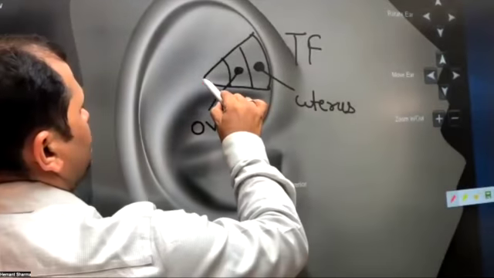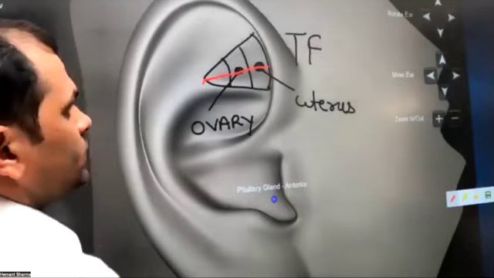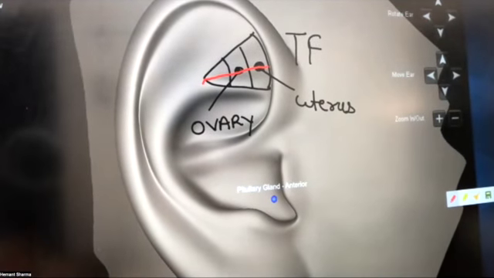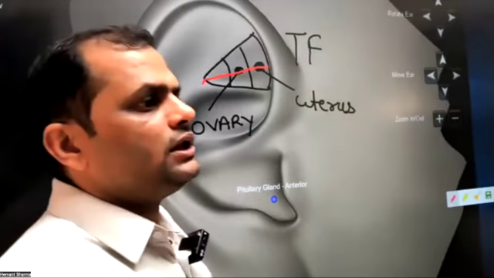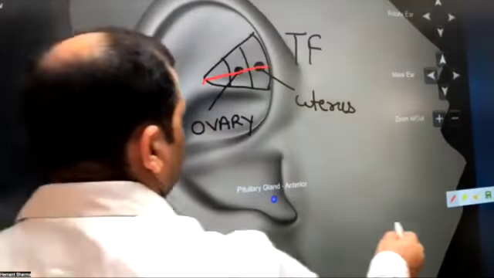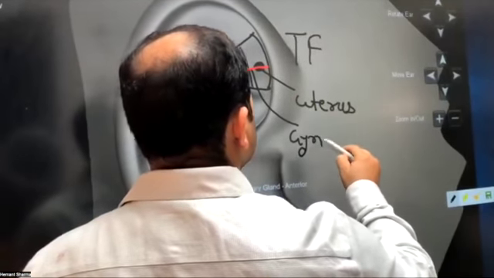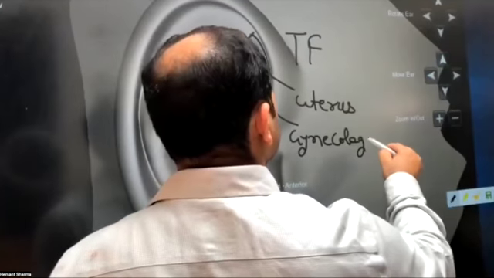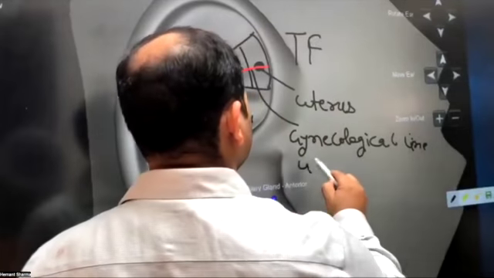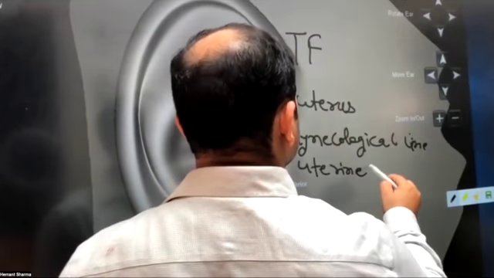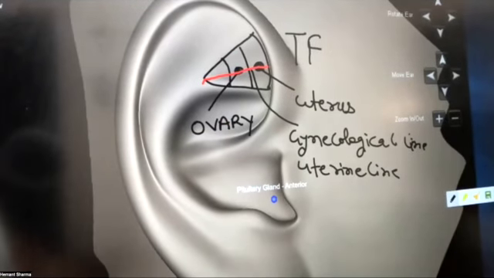And if we draw one line from here like this, this is called the gynecological line or the uterine line. इस लाइन का नाम है gynecological line or the uterine line.